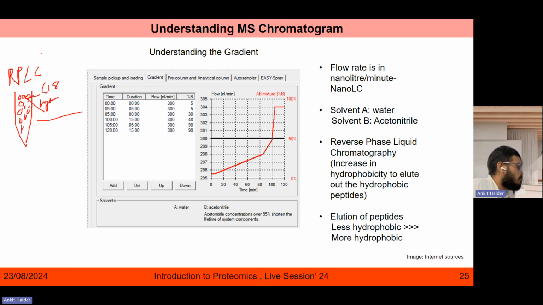You have a complex mixture of peptides, and you want to separate it so that it becomes less complex.